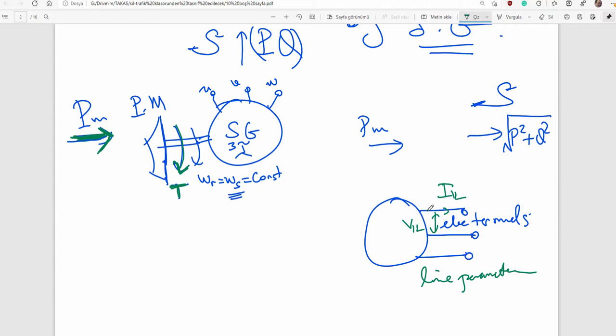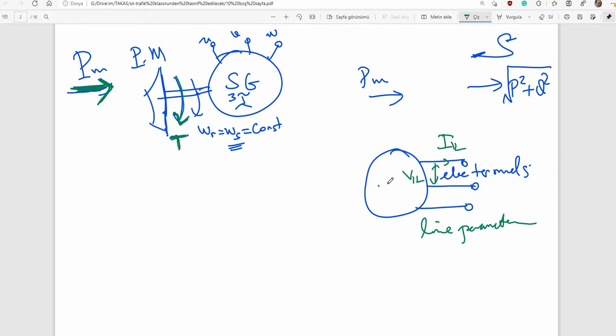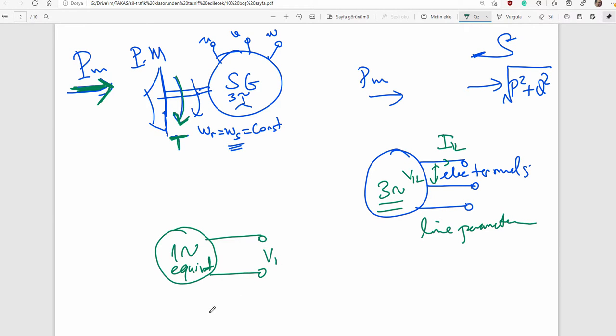You observe line parameters, and then see, machine has 3 phase, but your machine has a 1 phase equivalent circuit. So here is a, let's say, 1 phase equivalent. Inside 1 phase equivalent, here you observe 1 phase voltage and 1 phase current, which is I1. That is 3 phase. That is 1 phase equivalent.